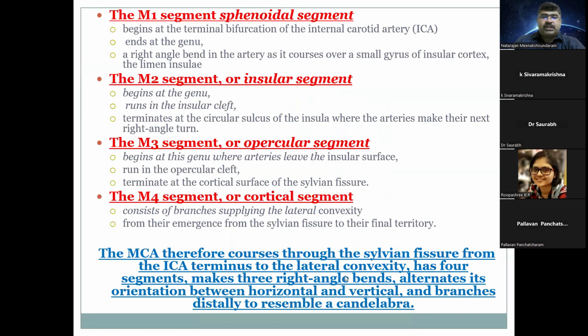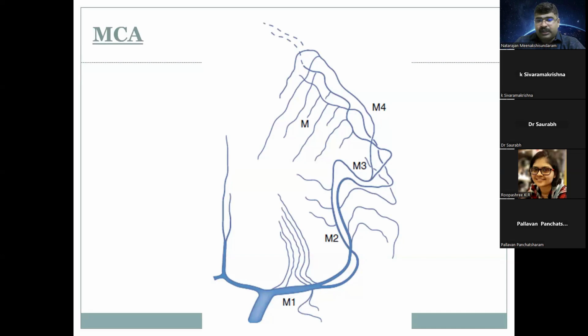And then M2, which is also called the insular segment, because now you are into the insula. It begins at the genu, runs in the insular cleft, and terminates at the circular sulcus of the insula, where the arteries make their next right-angle turn. Okay, so it is the second genu.